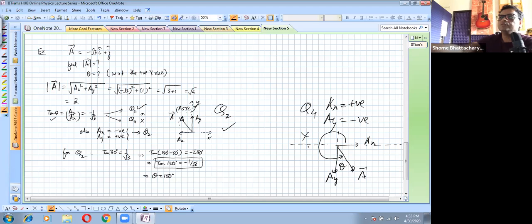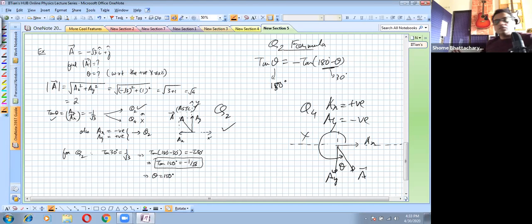Okay, so we are using the quadrant 2 formula for tan, that tan of theta is minus of tan of 180 minus theta. So this thing here should be 30 degrees, because that's 1 by root 3. So theta should become 150. If 180 minus theta is 30, that means theta itself is 150. Okay, people, so hope this is clear.